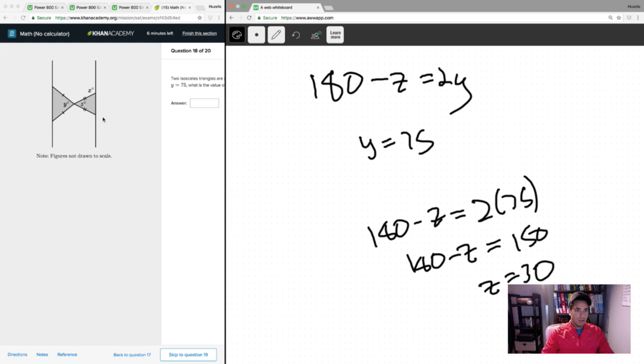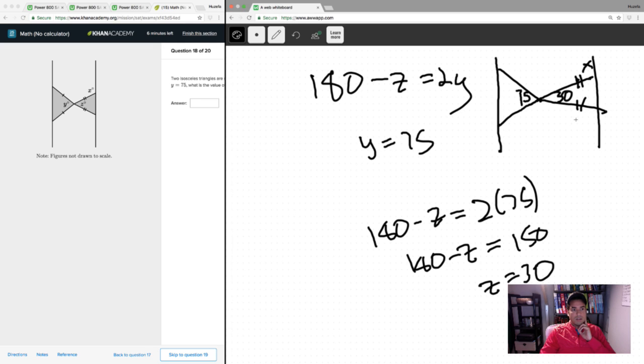Let's see. Let's solve it like this. So 30 is here. We've got y is, what was y again? 75. Okay, we know that these are isosceles triangles, and we want to get this value up here.